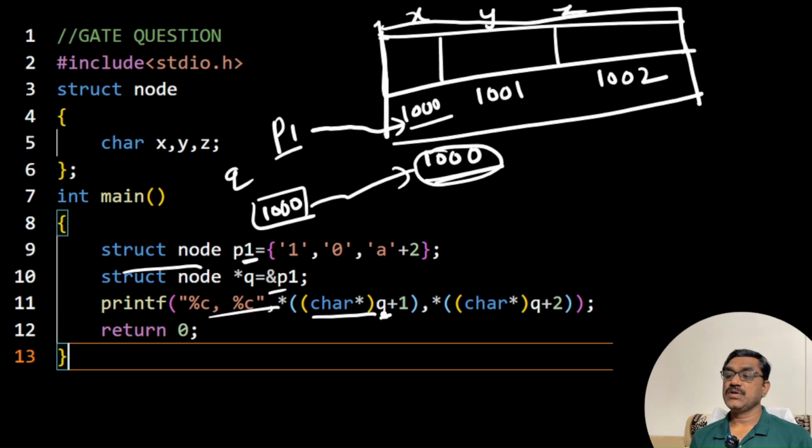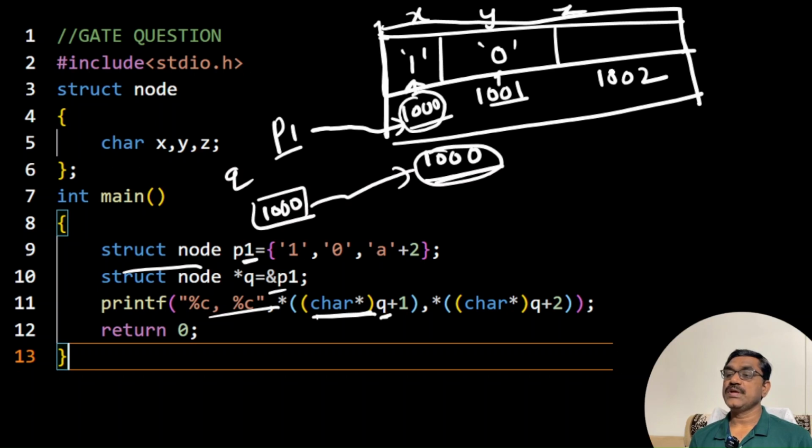Now, after Q, you apply char *. Actually, when you consider this internal 1000, it is the internal pointer to the character '1'. This 1001 is the internal pointer to the character '0'.